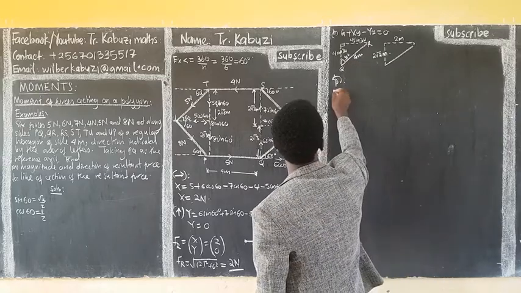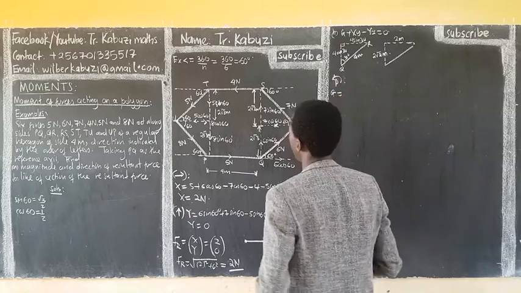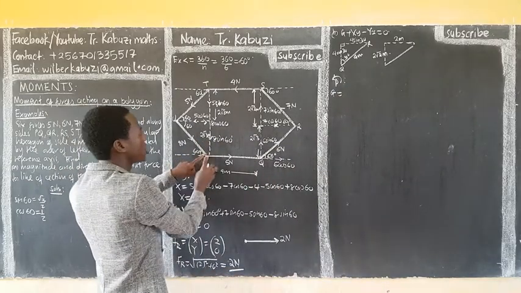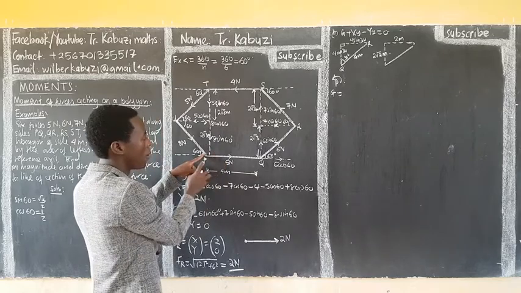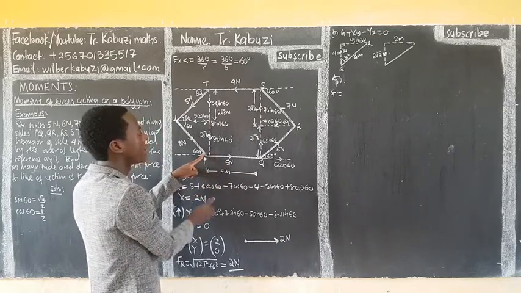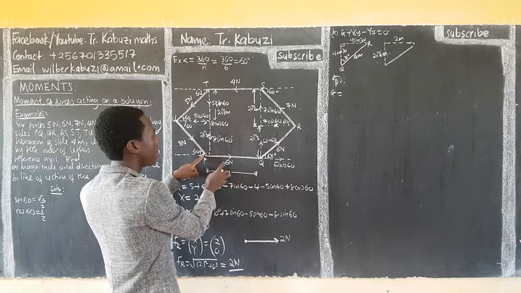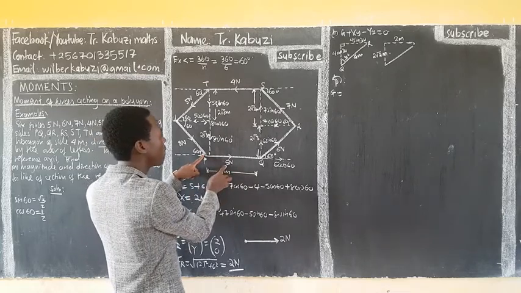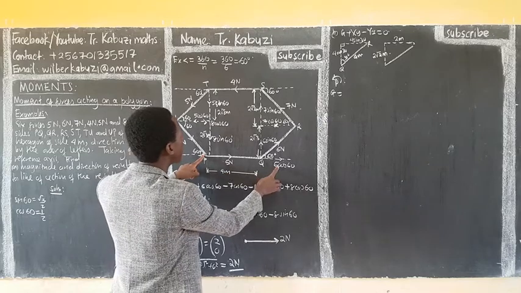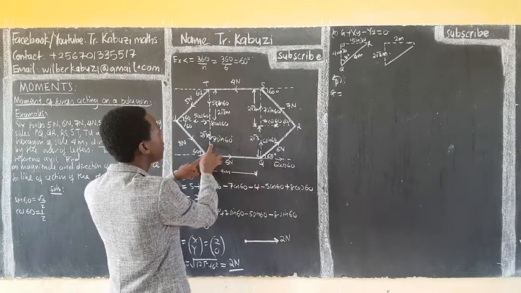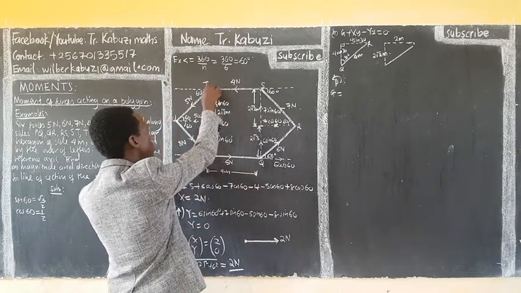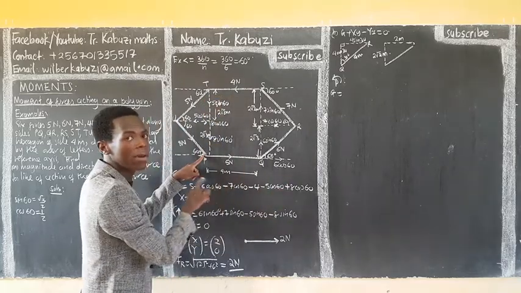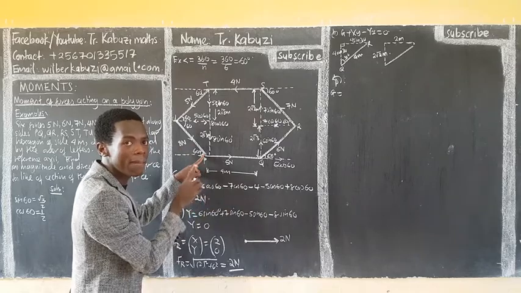If I take moments about P, all forces coming to and going away from P are going to have 0 moment, because the perpendicular distance is 0. So this one has a moment of 0, this one 0, this one 0, and this one 0.